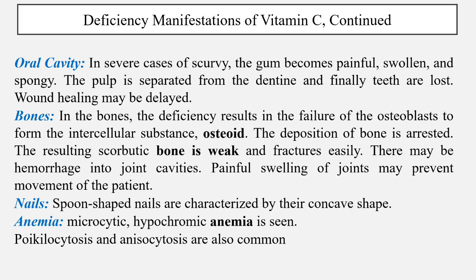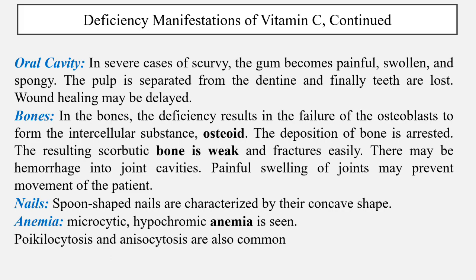Collagen is also required for bone formation. In vitamin C deficiency there is failure of osteoblasts to form the intracellular substance osteoid. So the deposition of bone is arrested, which leads to bone weakness and bones that are easily fragile.